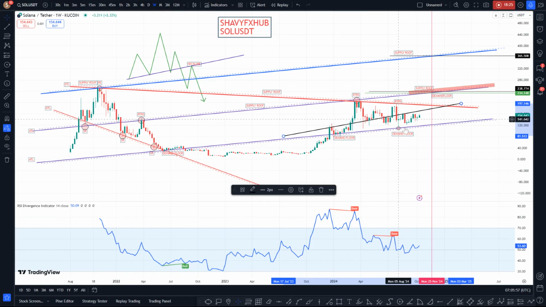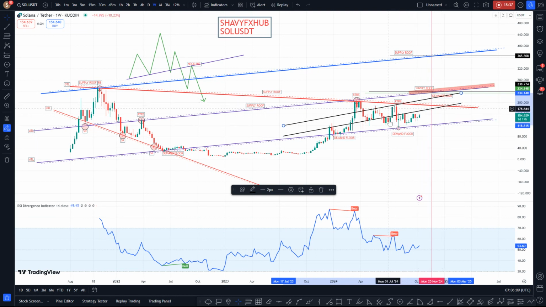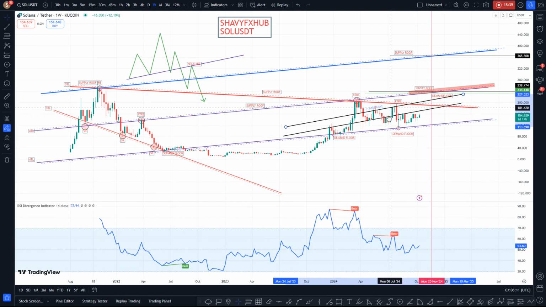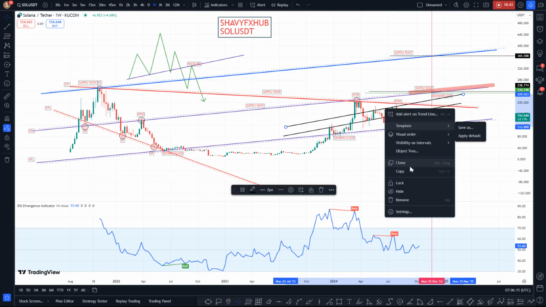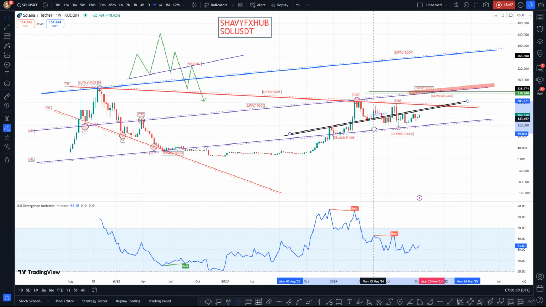So price broke the structure, but on the comeback, price respected it, and we expect another retest to this level. There is a very high probability that price will respect the structure.